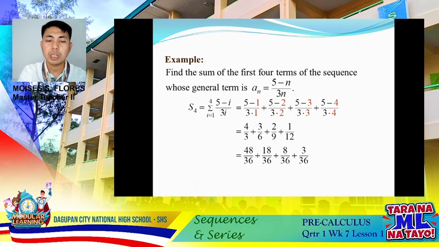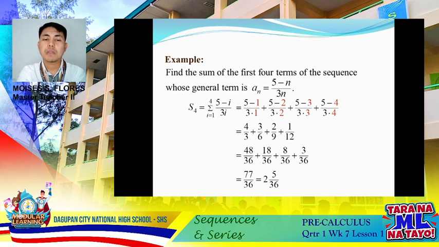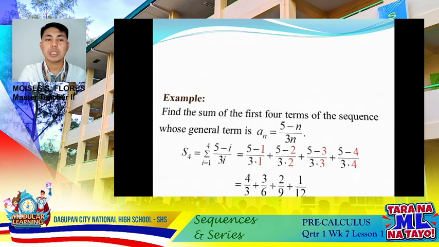There you have it. Then as we simplify it further, we have 77 over 36, which is the sum of the first 4 terms of the sequence with the general term a sub n equals 5 minus n all over 3n, or as a mixed fraction, 2 and 5 over 36.